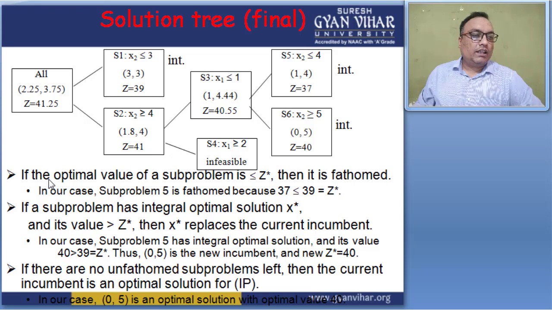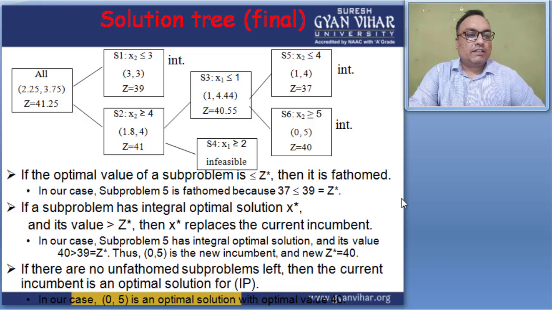If the optimal value of a subproblem is less than or equal to z star, then it is fathomed. Just like in our case, subproblem 5 is fathomed because 37 is less than or equal to 39, z star. If the subproblem has an integral optimal solution x star and its value is greater than z star, then x star replaces the current incumbent.